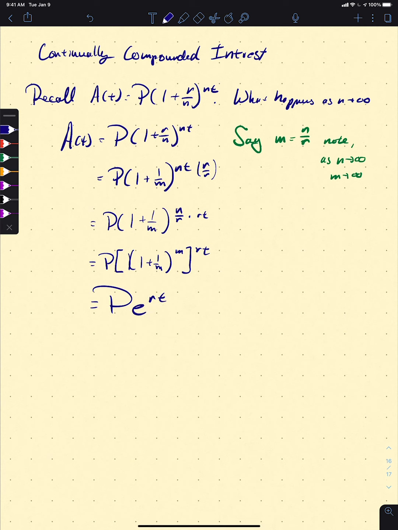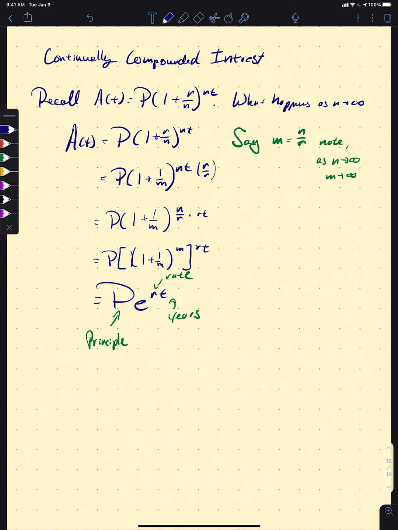It's often called the PERT formula, where it tells us our output when we invest some principal at some interest rate for some number of years. This is how you get your continually compounded interest. You're not worrying about this r over n to the nt or anything. It's just my principal times the natural exponential raised to this specific power.